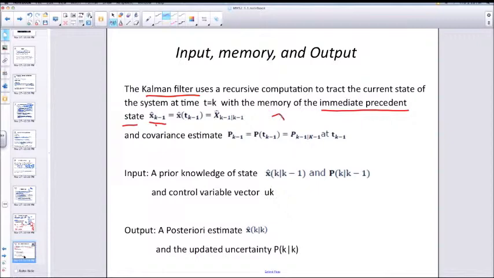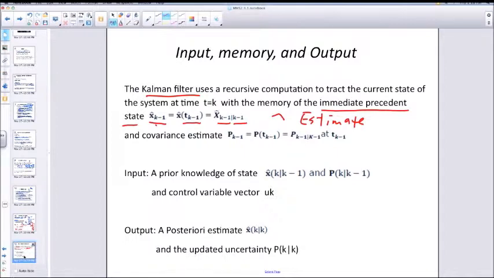When you put a little hat on the top, that simply tells you it's an estimate. It's not the real one. We told you the real one we do not know. And at the time tk minus 1, that means the previous time. And then this k minus 1 is the final result of the last calculation. So this is the input for the next cycle.